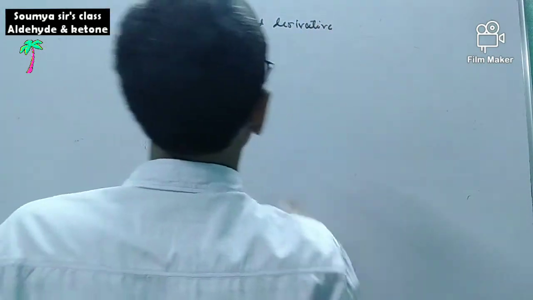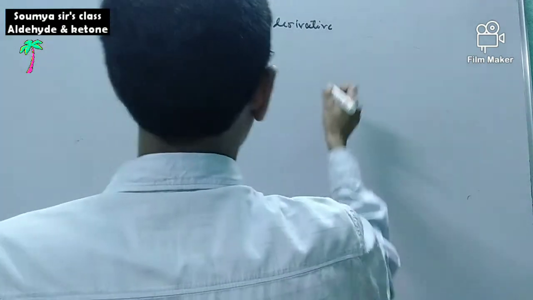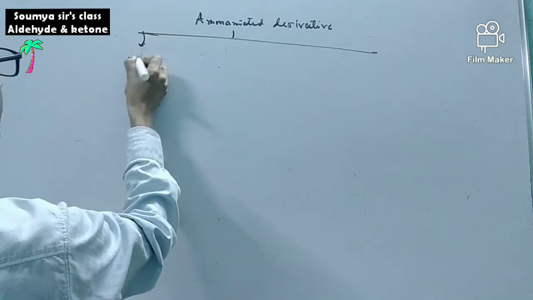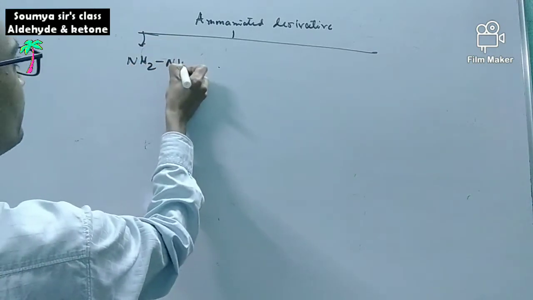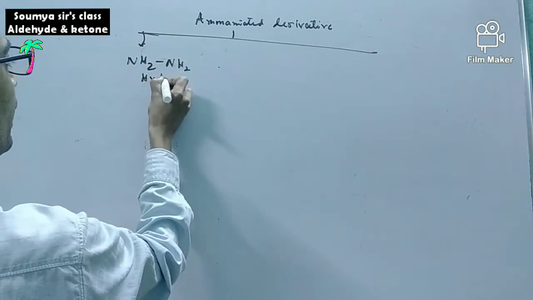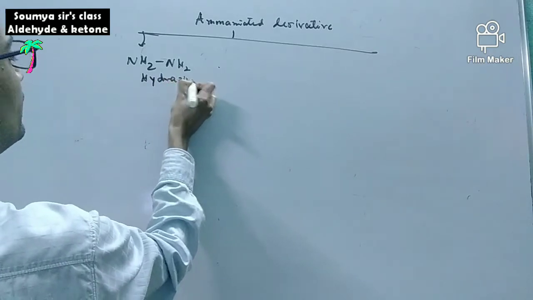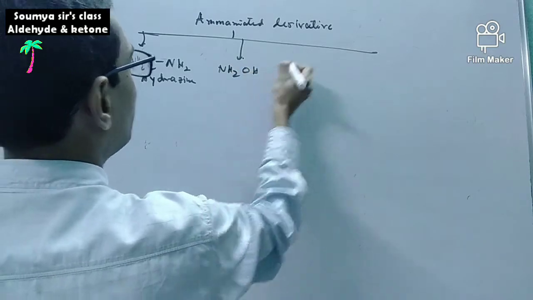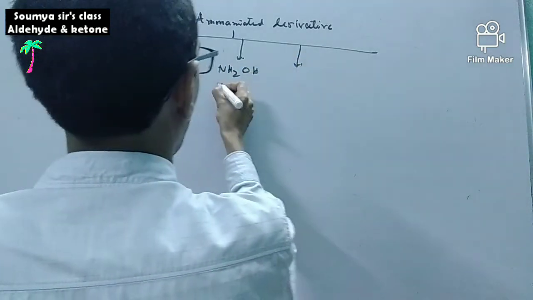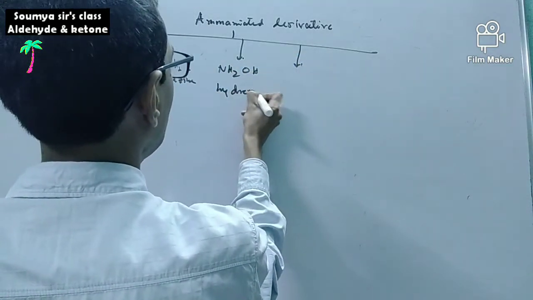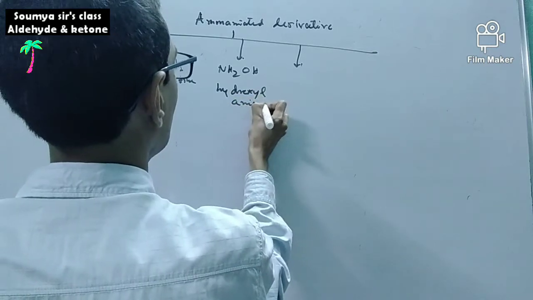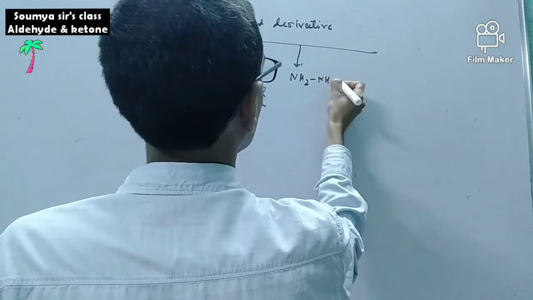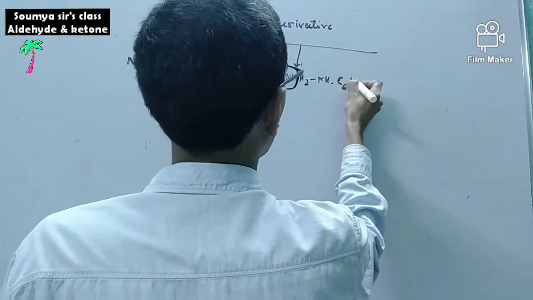As I have written here, ammoniated derivatives means, number one, hydrazine, number two, hydroxylamine, and number three, NH2NH.C6H5.